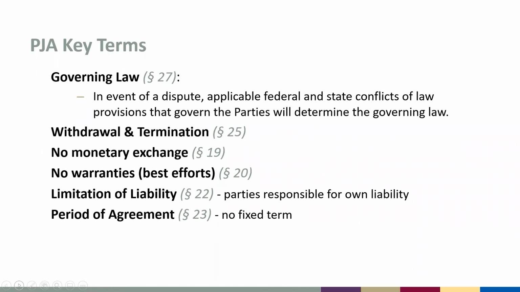There's a clause on no warranties; it's just best efforts. There is no indemnification. The limitation of liability clause holds parties responsible for their own liability. And there is no fixed term in terms of the period of this agreement. You can refer to the withdrawal and termination clauses for the details of how to terminate or withdraw from the agreement.